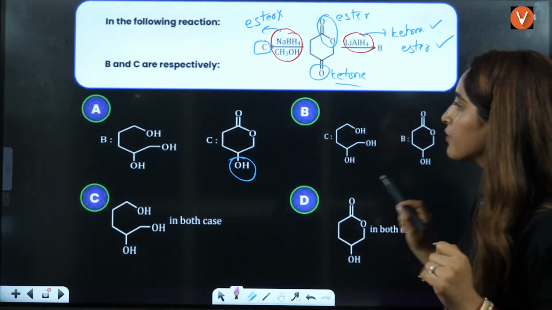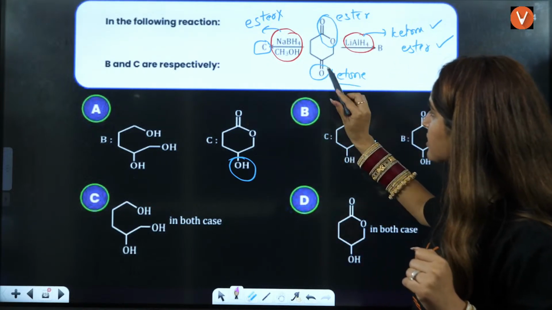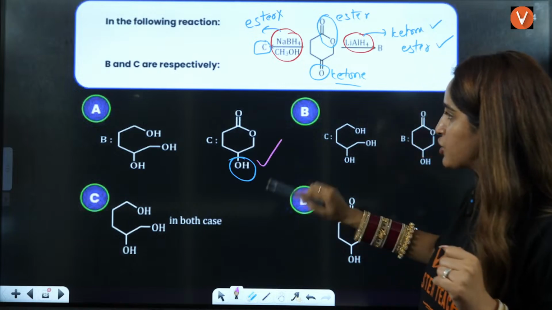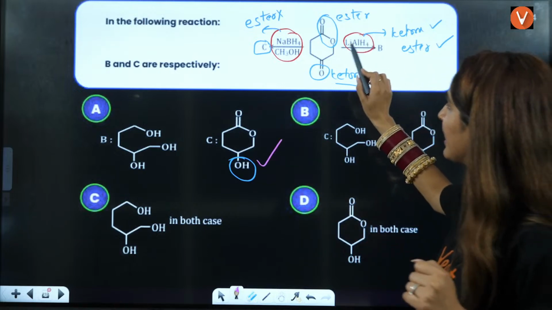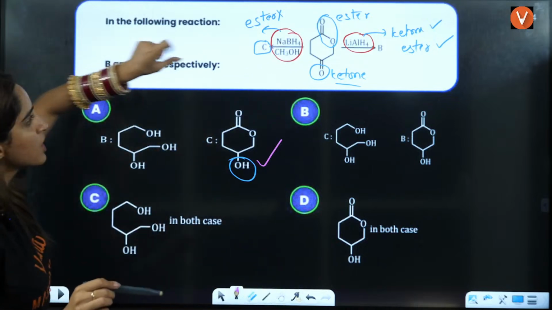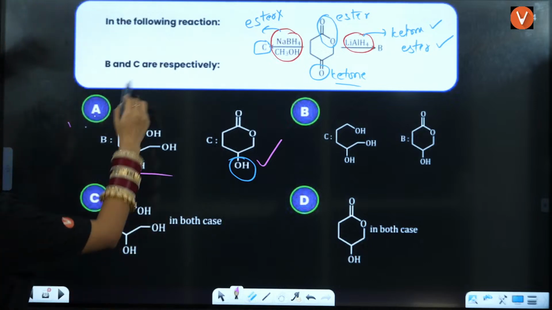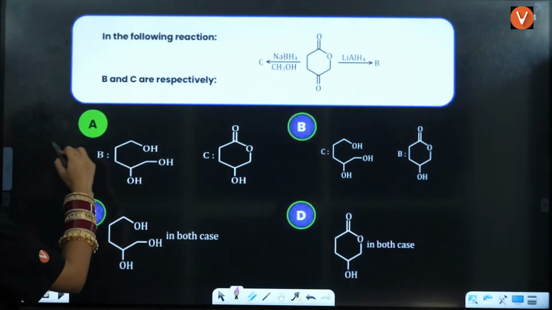So here for product C, the ester will stay as it is, and the double bond O will be converted to OH. But in the case of LiAlH4, this bond will break, and this will also get reduced to OH. So the answer will be A is the correct answer.